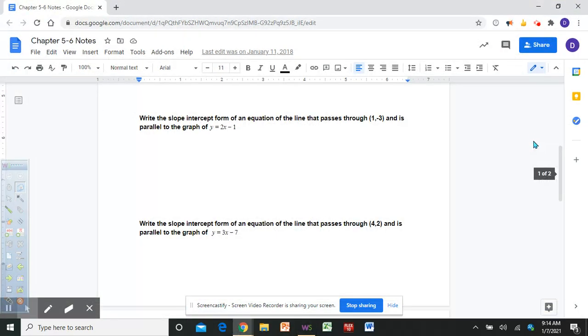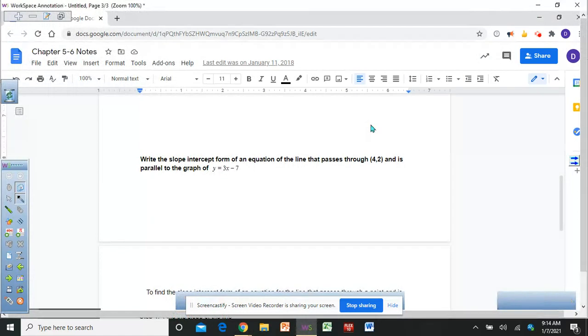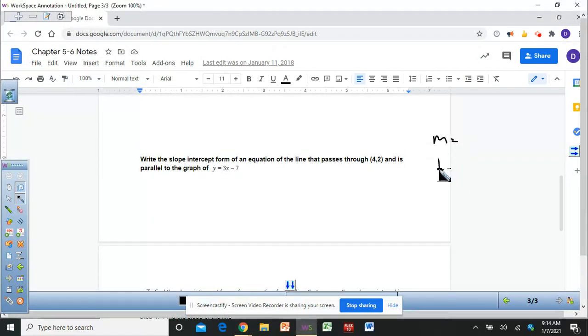Let's try another one. So we need a slope and we need a point. So my point, it tells me, is 4, 2. And my line is parallel to 3x minus 7. So that means my slope is 3. So y minus my y value equals my slope times x minus my x value.